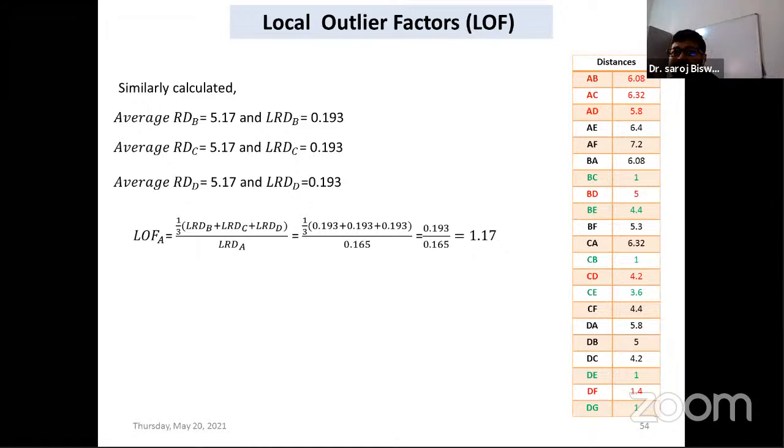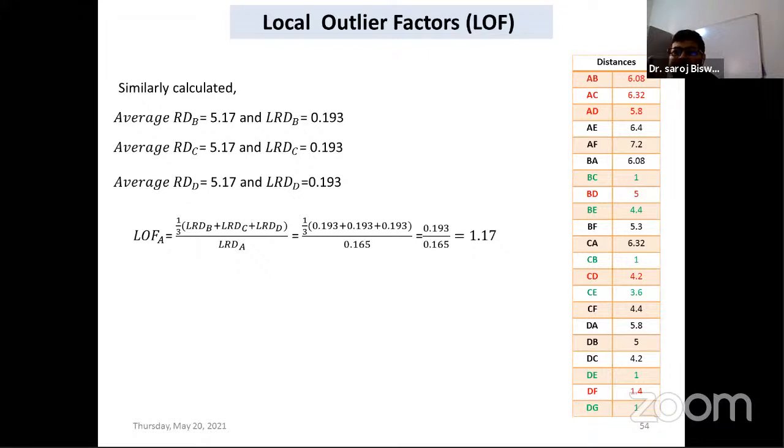But again, it is not guaranteed. It is totally based on, or the domain expert can decide what should be the threshold value. Fine. So here, if we consider the threshold value is 1, then we can say A is the outlier. And for different cases in different applications, the domain expert knows very well.